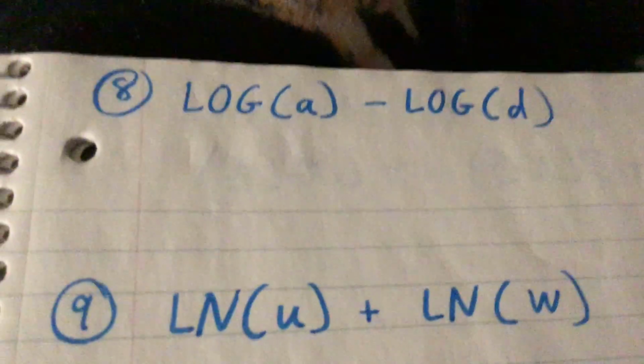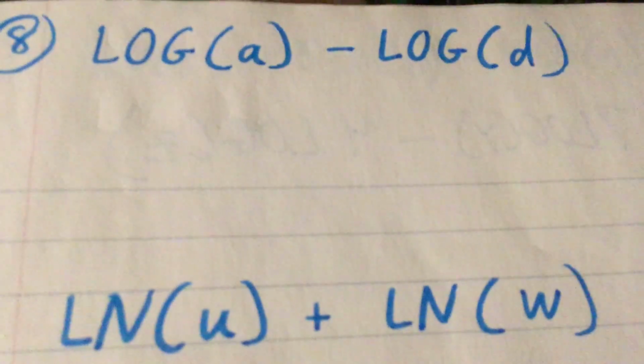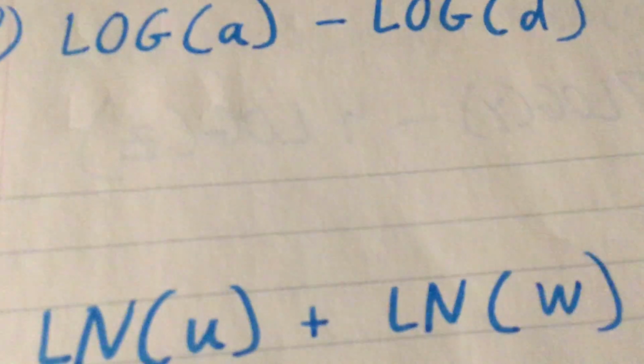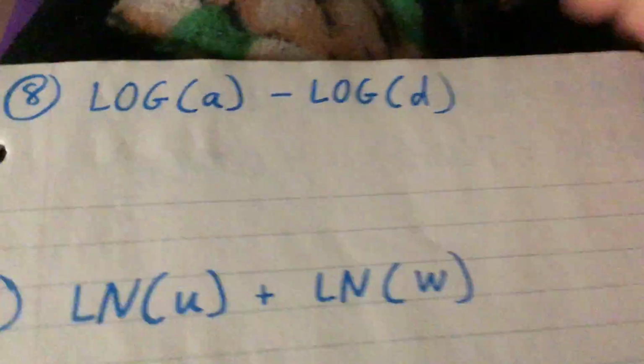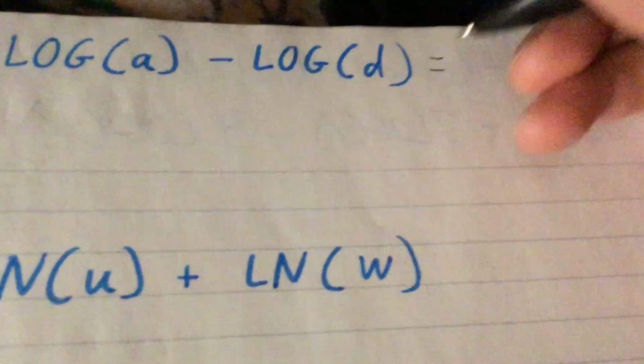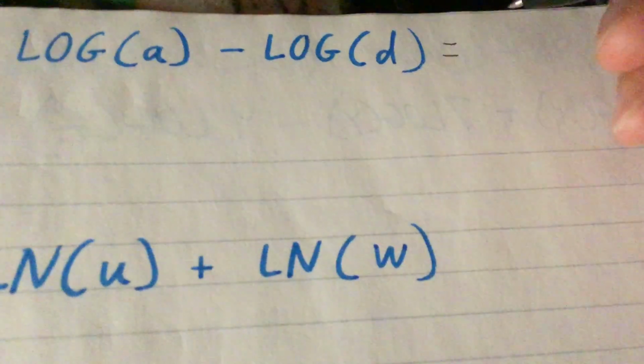All right, log of A minus log of D. Just to warm up with the variables, what should I be doing? Okay, so this is log of A minus log of D. Subtraction with the same log base means it's a division problem.